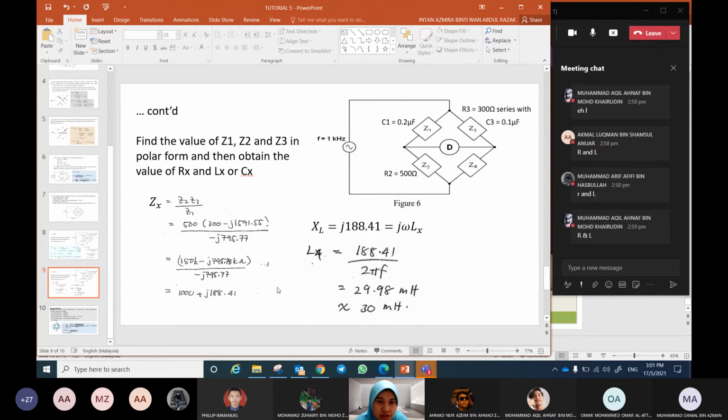So j188.41 is equal to j omega Lx. So Lx is equal to 188.41 divided by omega, where omega is equal to 2 pi f. So we got the value of the inductor. It is 30 millihenry.